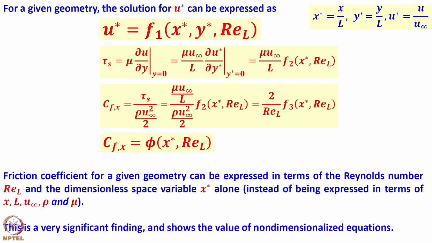Whatever is being told in the similarity analysis in the non-dimensional part, we are just putting it in the form of a few slides. In general, if I say non-dimensional velocity u star is just a function of x star, y star and Re, the local Reynolds number.